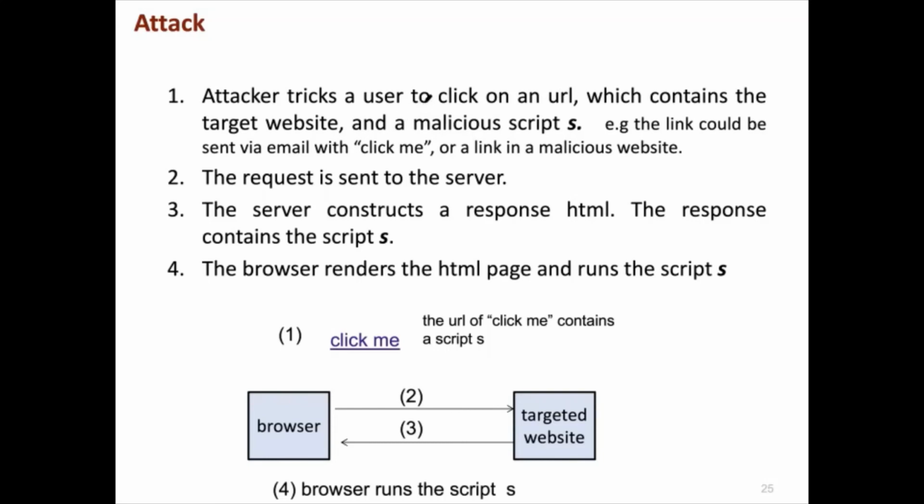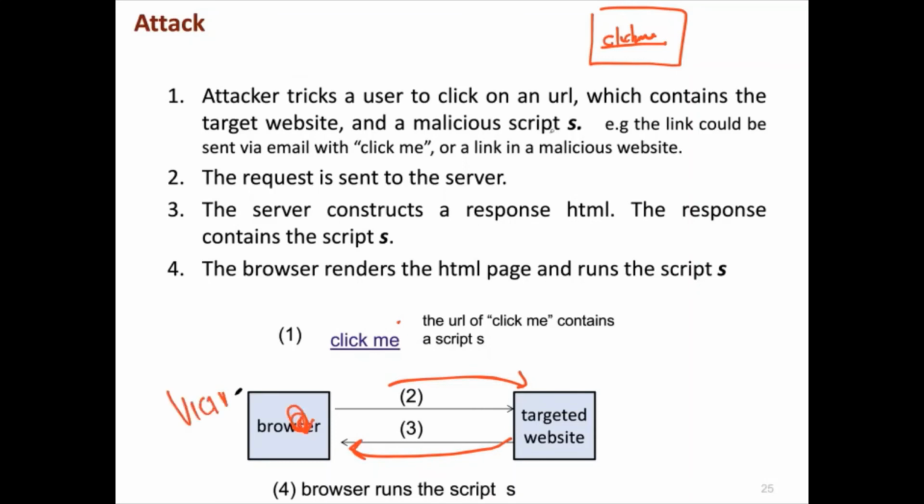So the request is sent to the target server, and the server sends back the reply, and then the script runs in the victim's browser. So the malicious attacker generates this email, the victim clicks on it, and now the malicious script is run on the victim's browser.